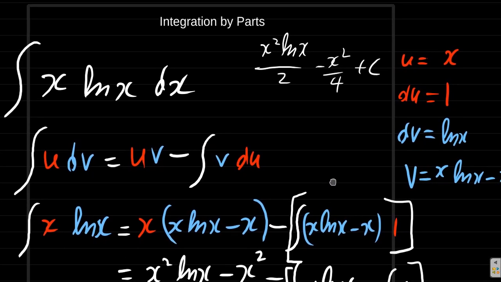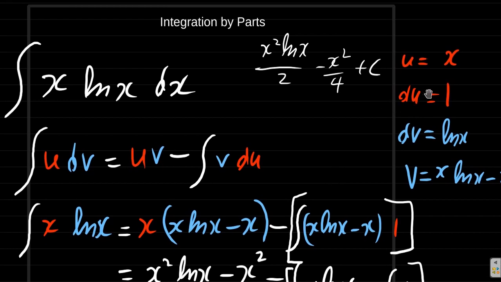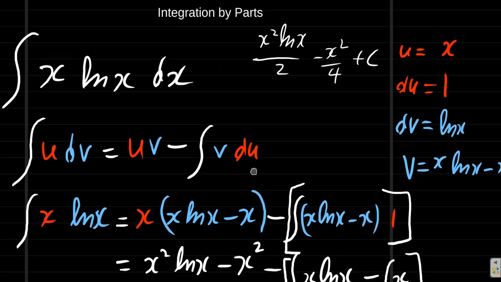It's just that what happened here is that when you choose u for x and dv for ln x, you have a lot more work to do in order to get the solution. But you have less work to do when you use u for ln x and dv for x. But both of them come to the same solution. It's just that you have more work in this particular case.